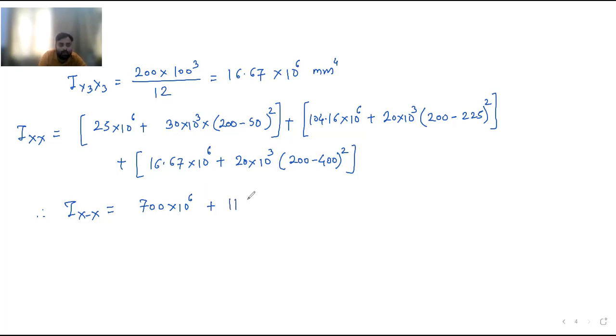The second bracket is 116.66 into 10 raised to 6. Correct. Now the third bracket, solve it.